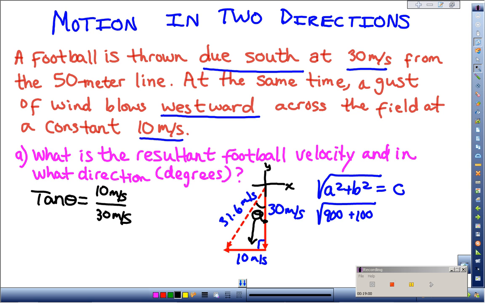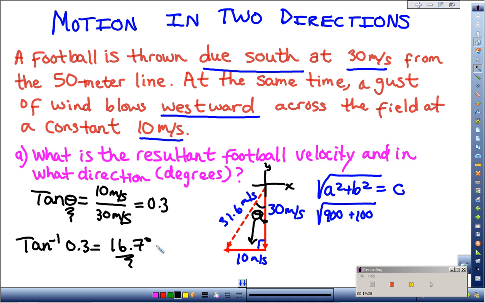I run that through my calculator and I get 0.3, but that's just the tangent of that angle. I want the angle, so I take the inverse tangent, second function tangent of 0.3, and I get an angle of 16.7 degrees.